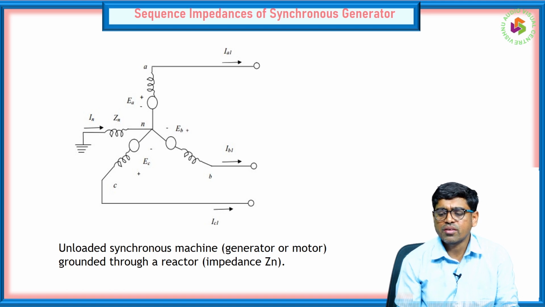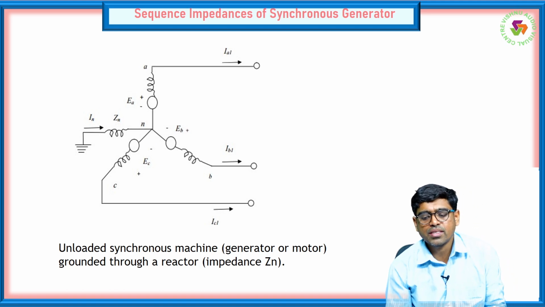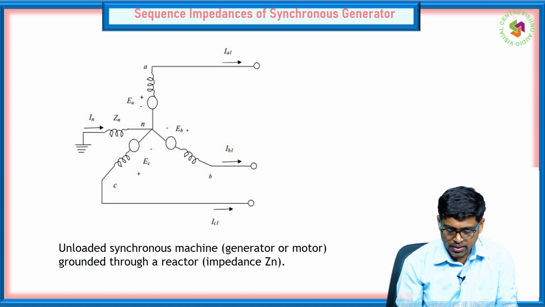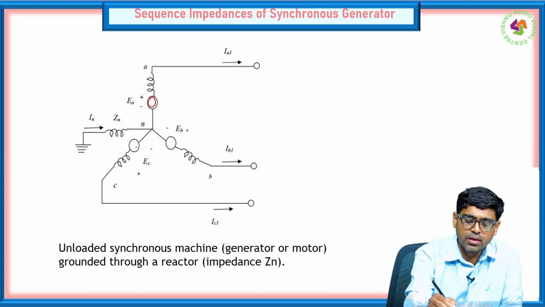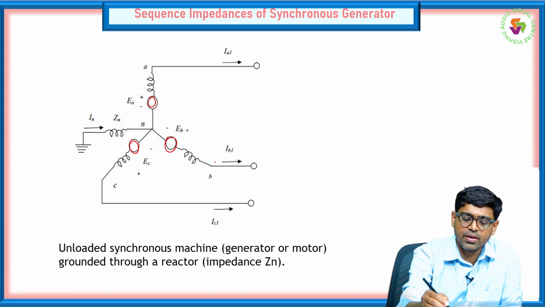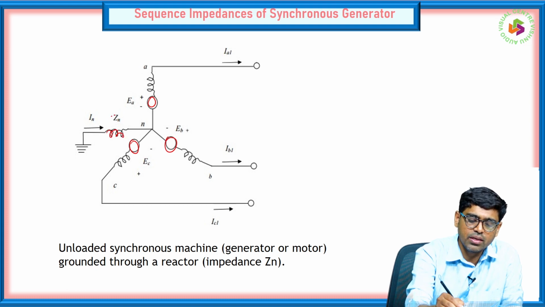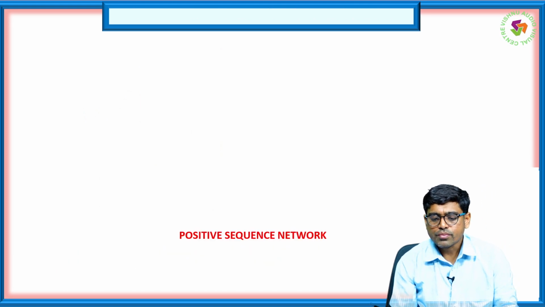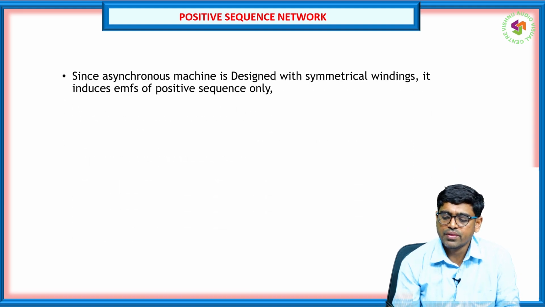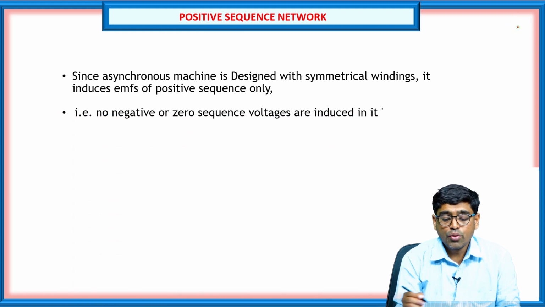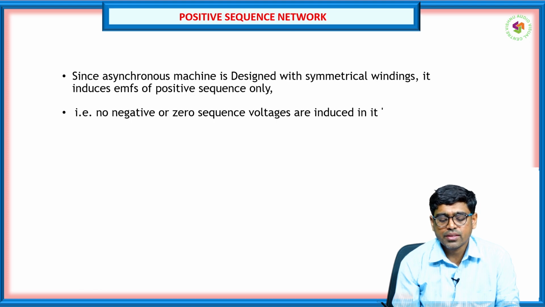So what are the sequence impedances of a synchronous generator? Consider an unloaded synchronous generator or motor grounded through reactance grounding. In this generator we have EA, EB, the induced EMFs, and the neutral is grounded with Zn. For the positive sequence network, since a synchronous machine is designed with symmetrical windings, it induces EMF of positive sequence only, and no negative or zero sequence voltages are induced in it.